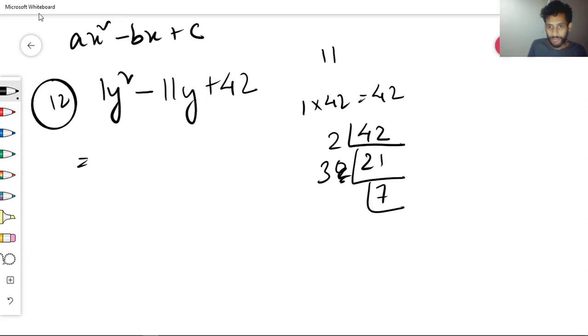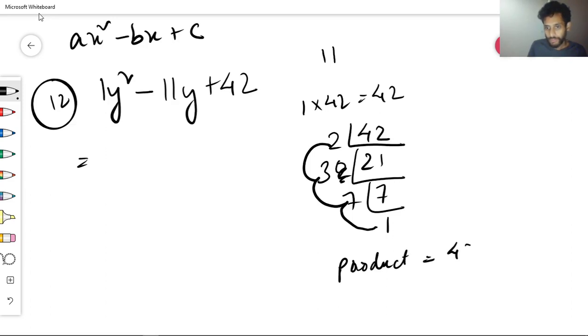We have 4 numbers. Now these 4 numbers we have to arrange in a pair of 2 such that the product is equal to 42, and this sign is again plus, so the addition is equal to 11.